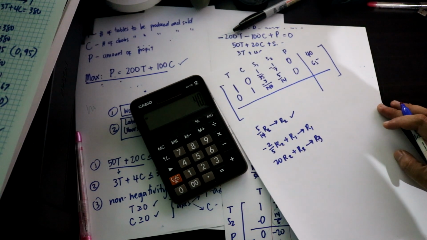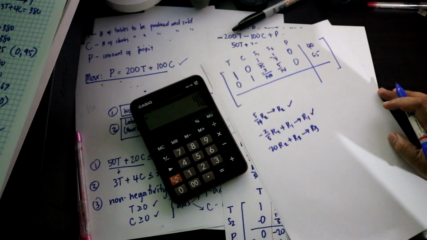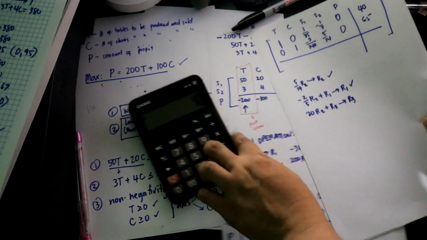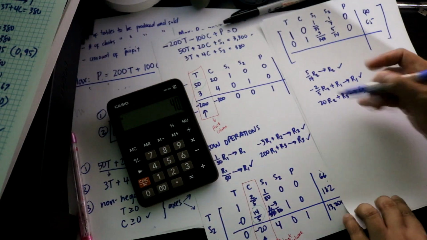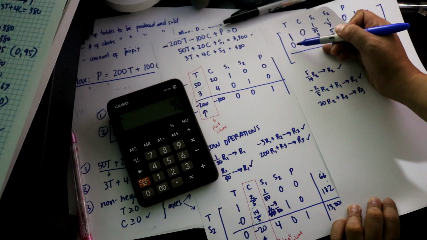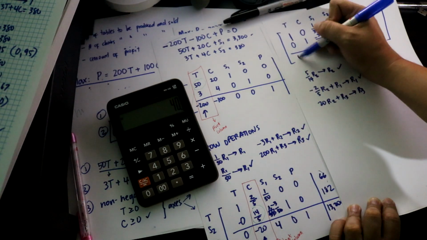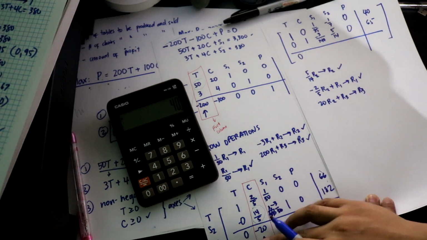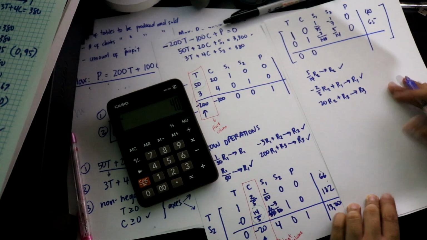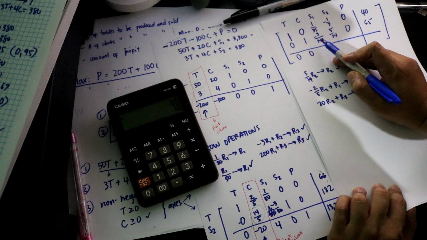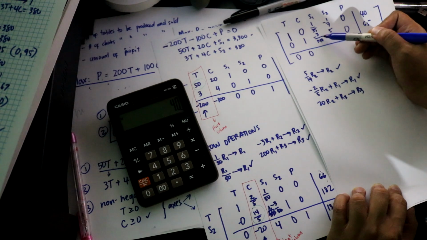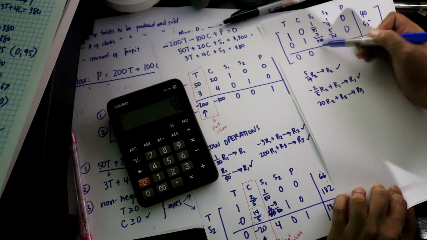So we're done with our second row operations, and now let's perform our last row operations. 20 times 0 is 0, plus 0 would be 0. 20 times 1 is 20, plus negative 20 is 0. 20 times negative 3 over 140, we will cancel 20 and be left with 7 here.